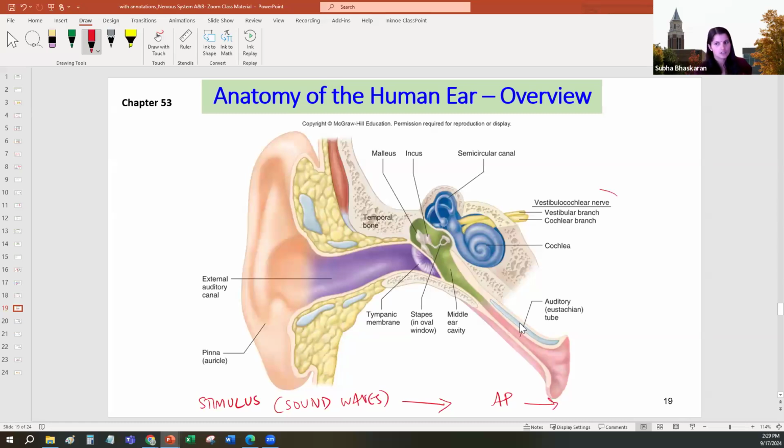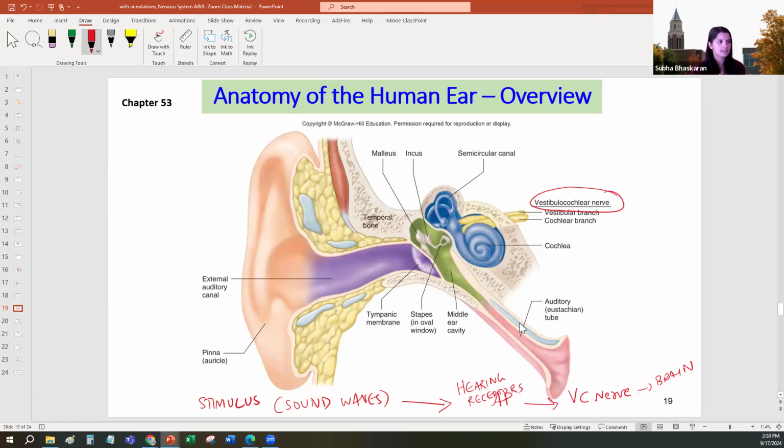And this is the vestibulocochlear nerve that goes to the brain. Got it? So which means what is the sound wave looking for? Hearing receptors, correct?